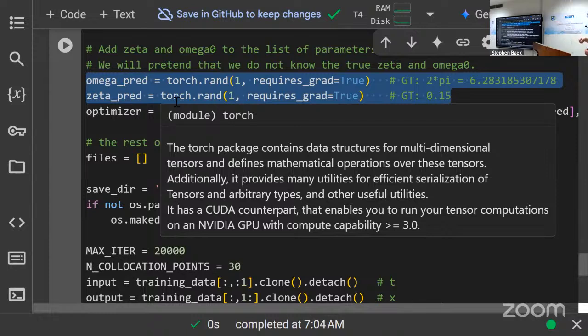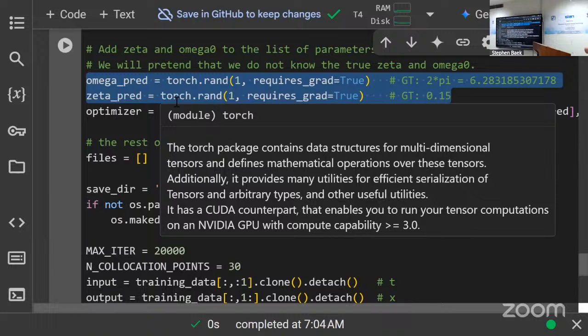So notice that omega underscore prediction, so that's the predicted omega, not the ground truth omega. And then zeta underscore prediction. So those two variables are initialized with some random number, and it's a PyTorch tensor that requires the gradient.